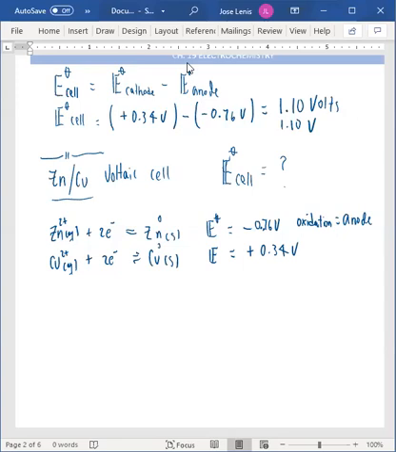Therefore, the copper will undergo reduction and will represent the cathode of our voltaic cell.